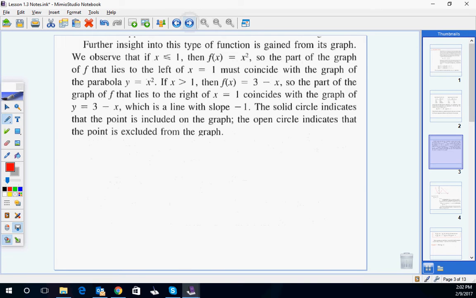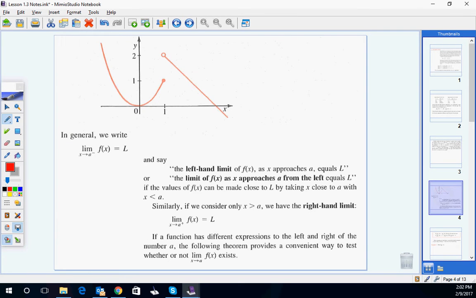Further insight into this type of function is gained from its graph. We observed that for x less than or equal to 1, f of x is x squared, so it coincides with the graph of the parabola, which makes sense, at (1, 1). If x is bigger than 1, then we plug into 3 minus x, and that part of the graph is linear with a slope of negative 1. Here's the picture of that situation.